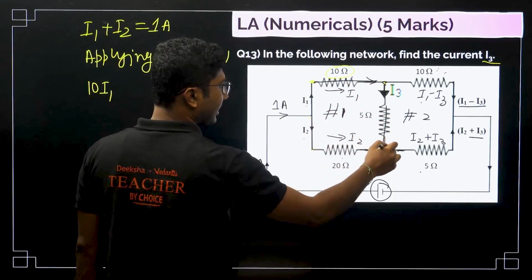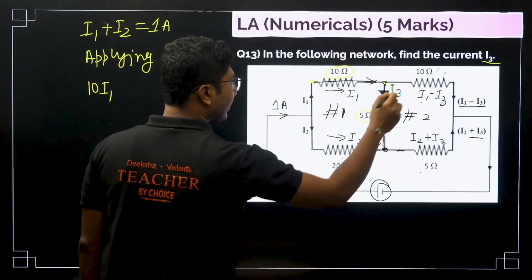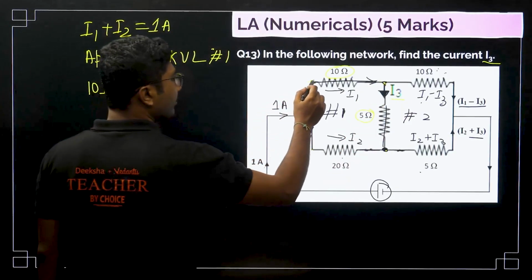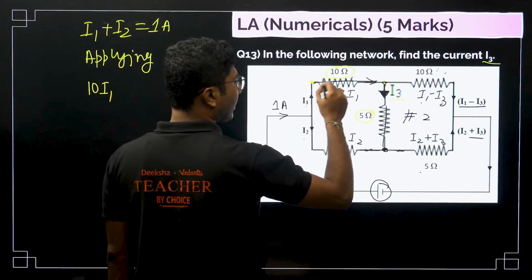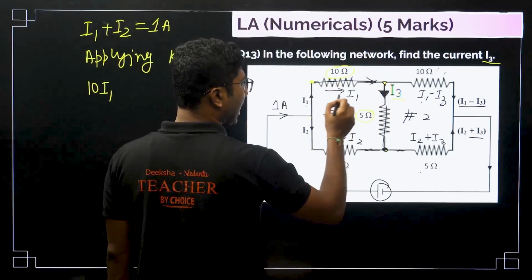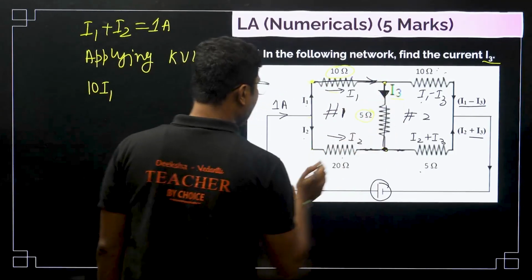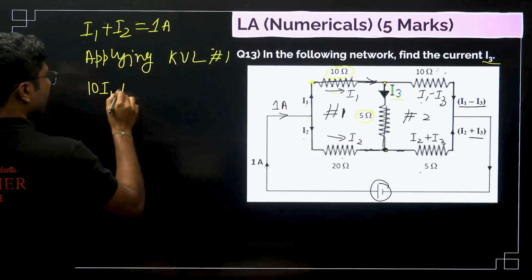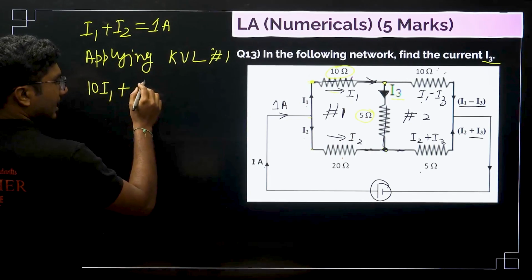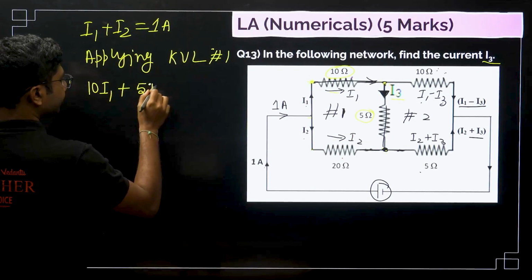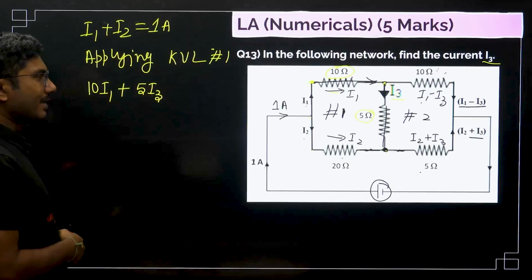Next station is 5 ohm and current through this is I3. Now are we going in the direction of current? From here to here we are going in the direction of current. From here to here also we are going in the direction of current. So it will be plus 5 I3.